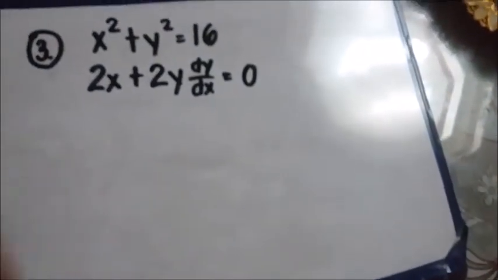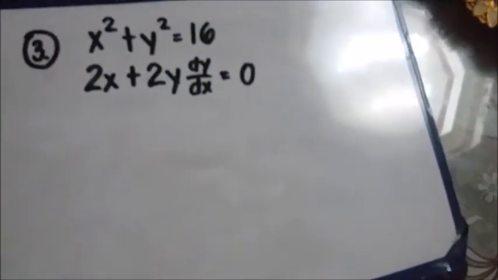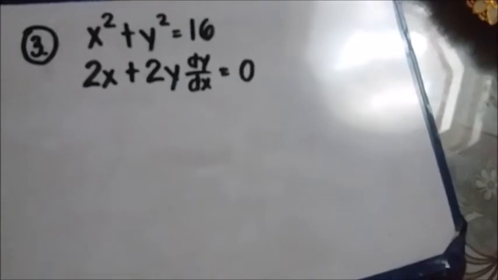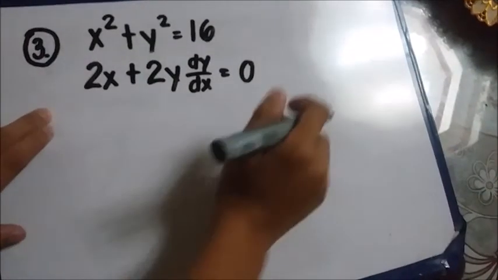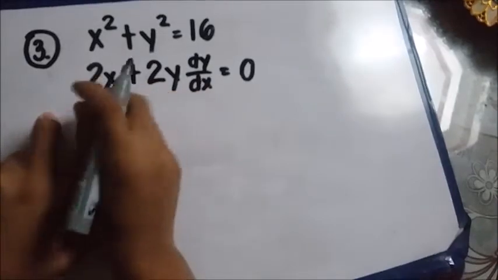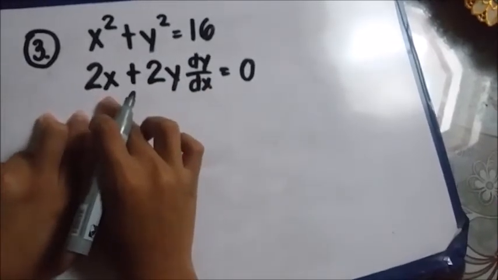Then we will simplify this expression by separating unlike terms. So we're going to add negative 2x to both sides, or we will just transpose this term.